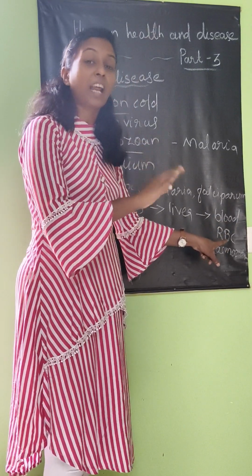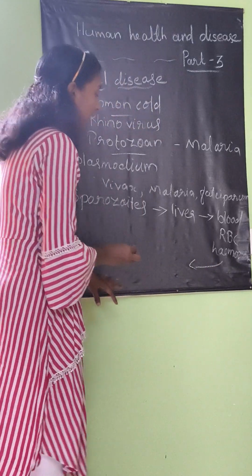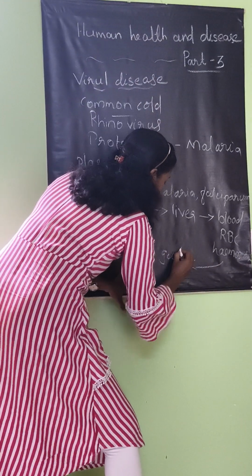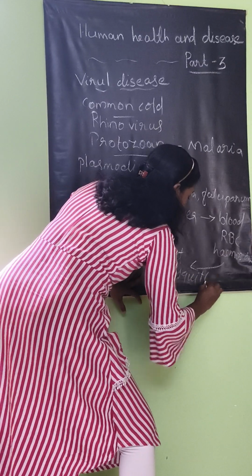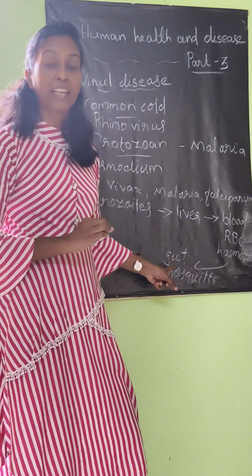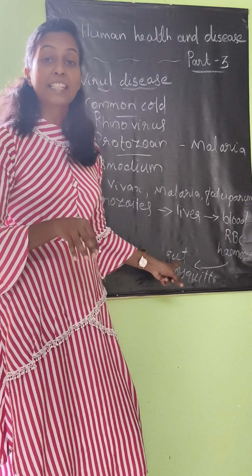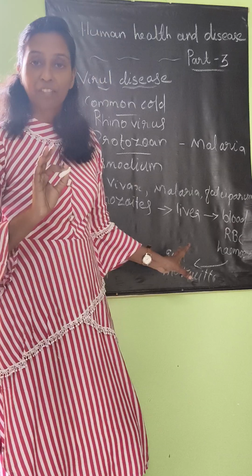Now this blood is transferred to the mosquito. It will go to the gut of the mosquito. In the gut of the mosquito, these male and female gametocytes are there. There, fertilization and development will take place.